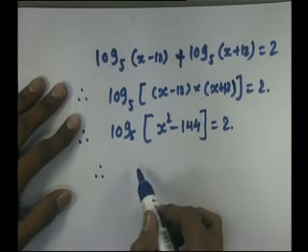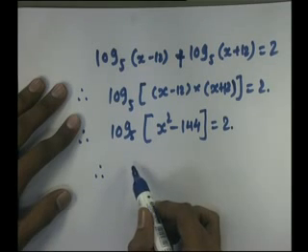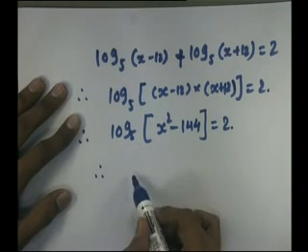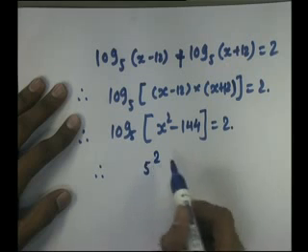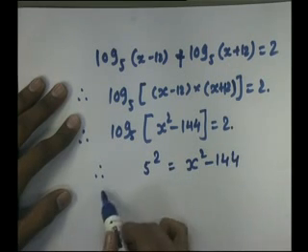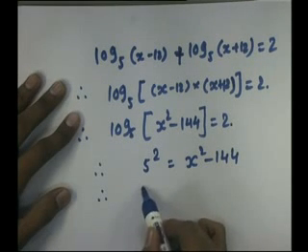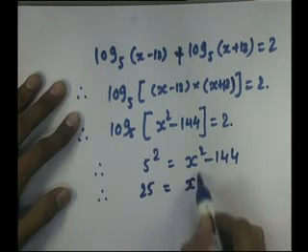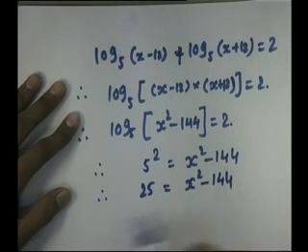To find the value of x, we will use the definition of logarithm and convert into exponential form. That will be 5 square equal to x square minus 144. So 25 equals x square minus 144.